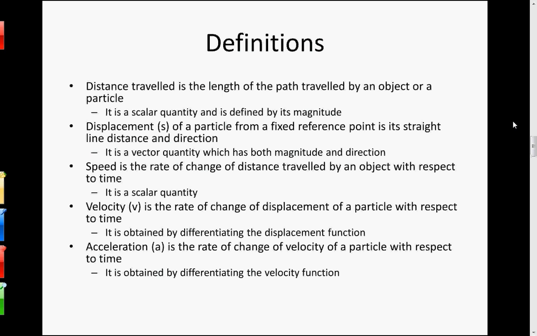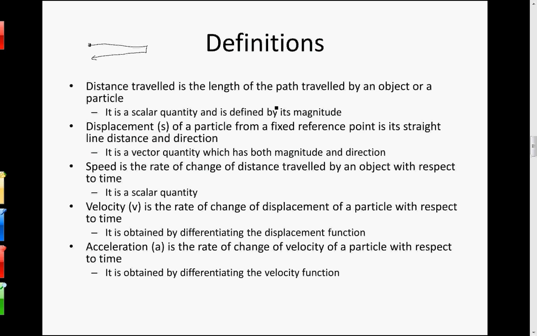It is a scalar quantity, meaning that you only look at the number, there's no direction. So for example, if you move from here to here, then you move back, the total distance would be this path in black color. That's the total distance.